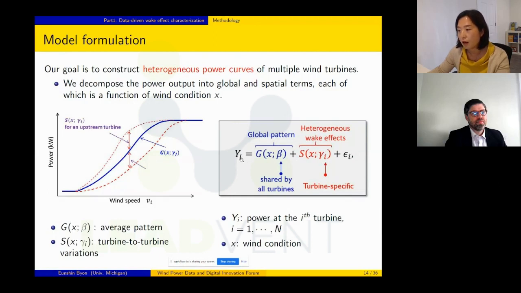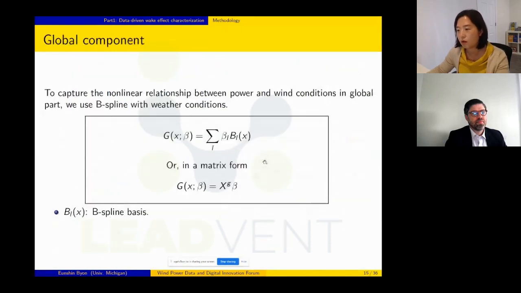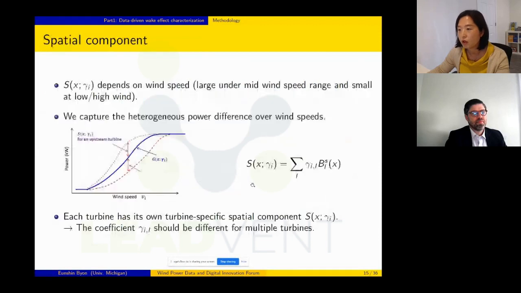So for turbine I, we have a unique parameter. And to characterize this global term, we can use a polynomial function, but here, just to generalize, we use a spline function.